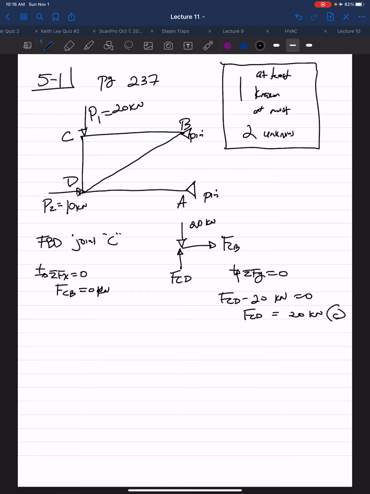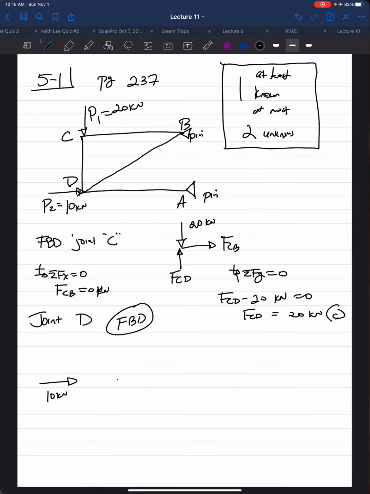So we've calculated the forces in members CB and CD, leaving us two members, the forces in members DB and DA. So then if I go to joint D and do its free body diagram, we have the P2, which was given as 10 kilonewtons, in the horizontal direction.